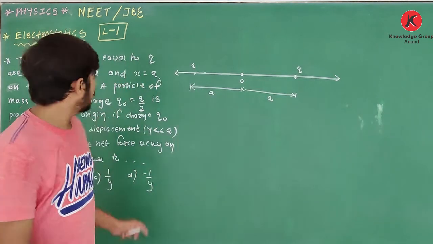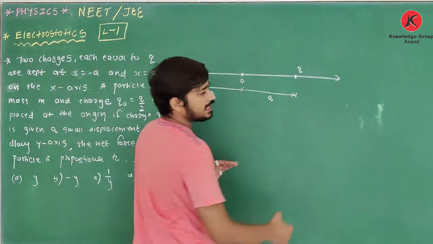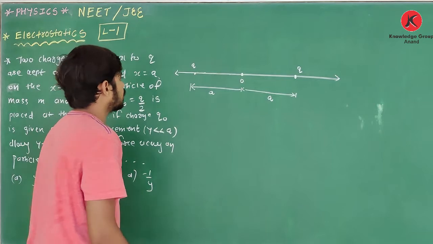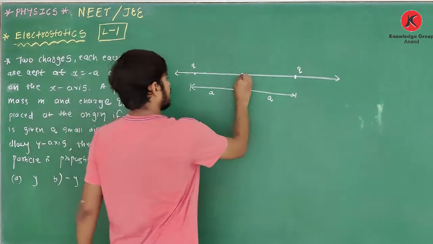Distance is positive. This is minus a and plus a. It is given that one is on the right hand side of the origin, another is on the left hand side. But distance is always positive. A particle of mass m and charge q0 equal to q by 2 is placed at the origin, here at this point.